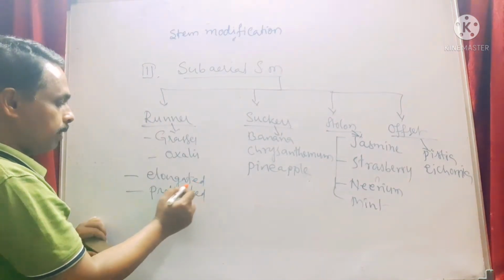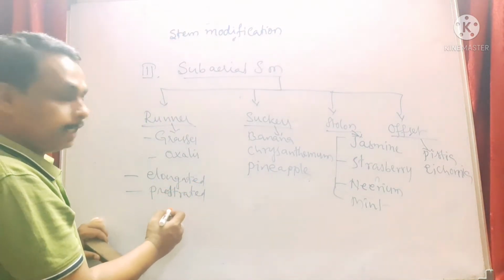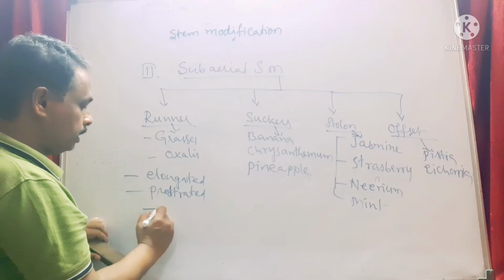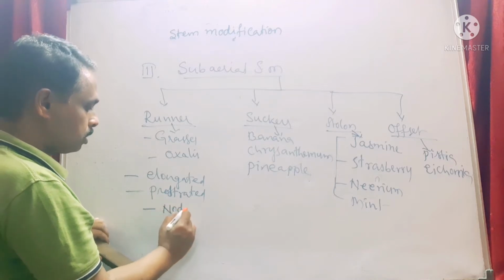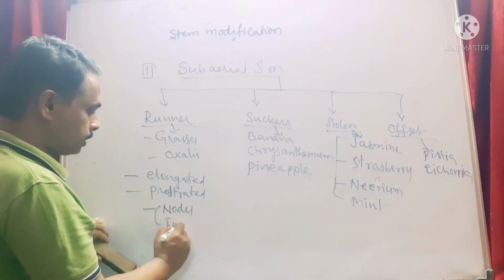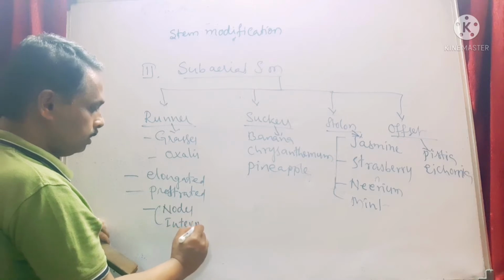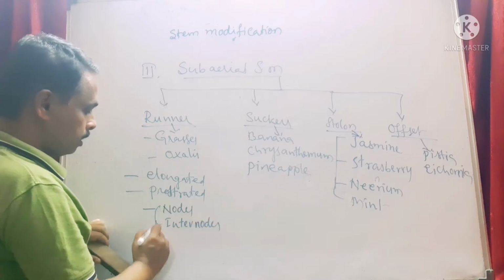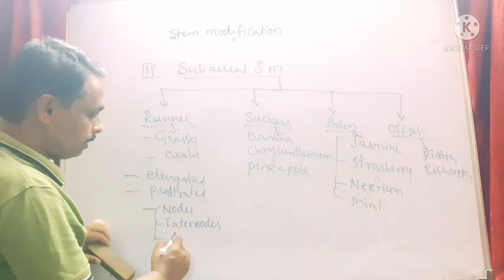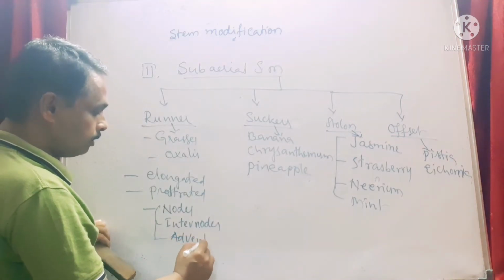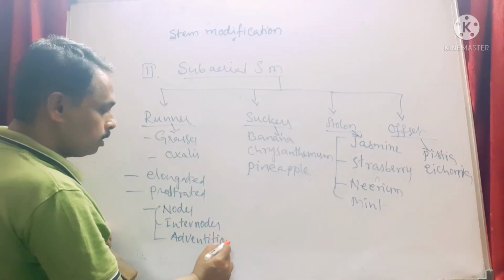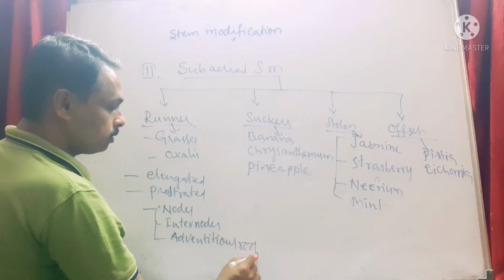Next, it is elongated, prostrated, with many nodes and internodes present, and at each node adventitious roots are developed.